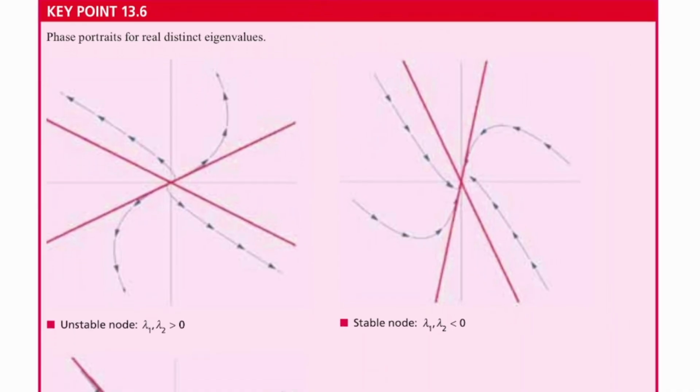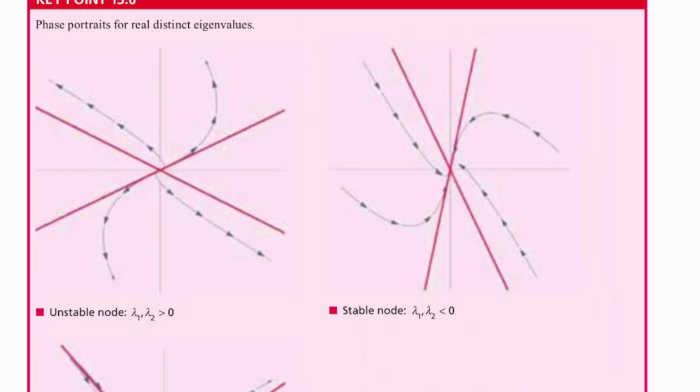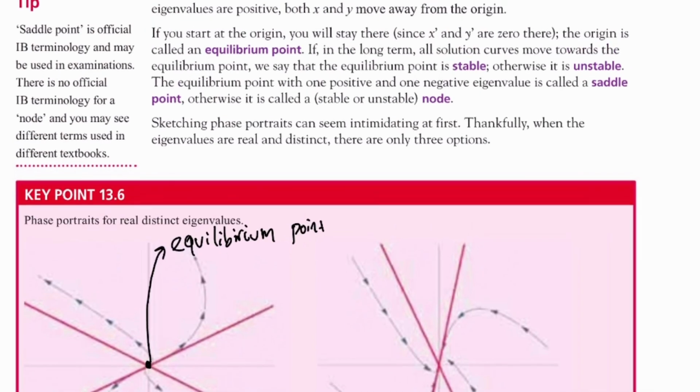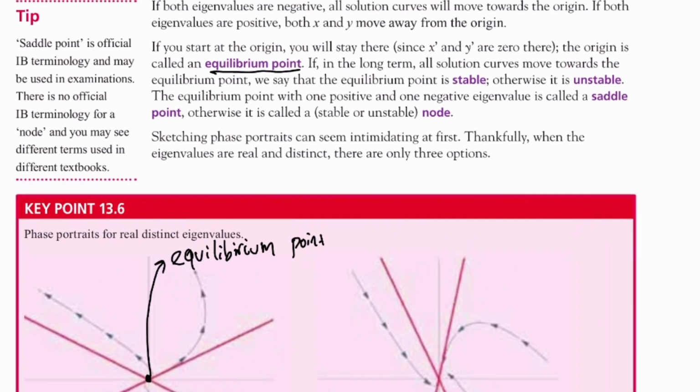First of all, if both of your eigenvalues are bigger than 0, your phase portrait should start from the origin. In this case, the origin is called a node. This origin is called the equilibrium point.